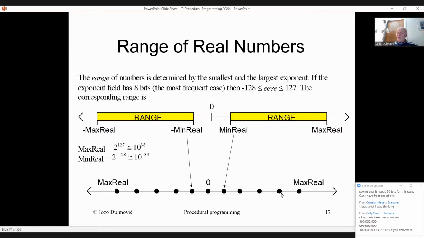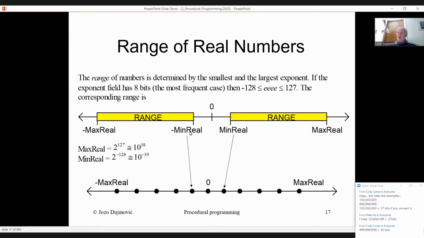Okay, and then we have other values that are distributed on the real axis, and when we come to max real, which is in this case 10 to 39, this is the last dot. So we have to understand that real numbers are these points along the real axis going from minus maximum real to plus maximum real.